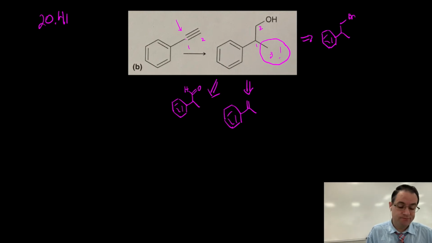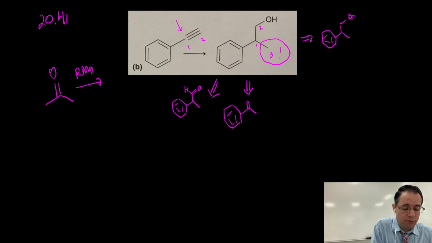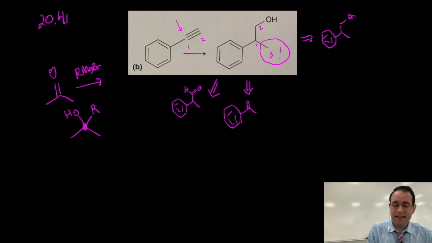This is a puzzle, right? It's a puzzle. So, but normally when you react a Grignard with a ketone, okay, so if I want to add an R group to this molecule, okay, that's going to add right on the same carbon that has the hydroxyl group.